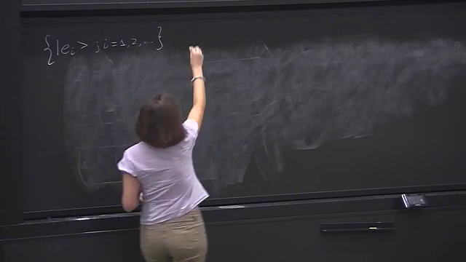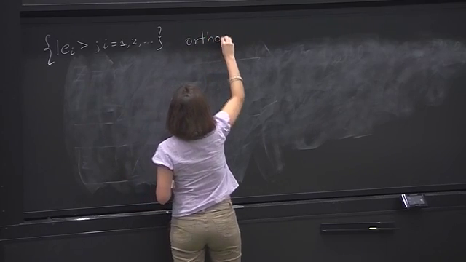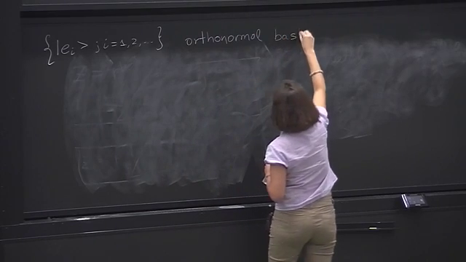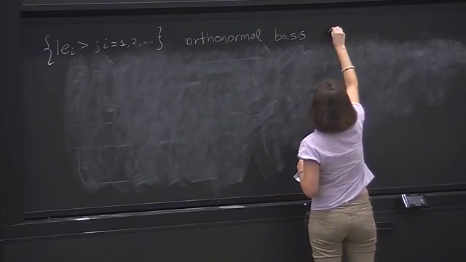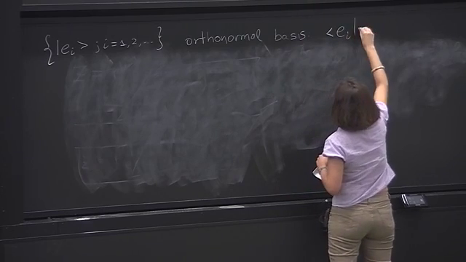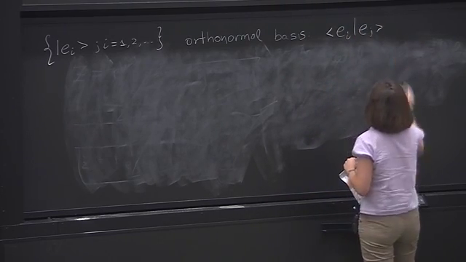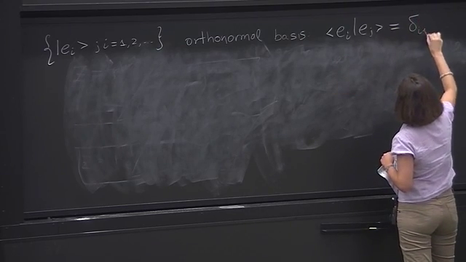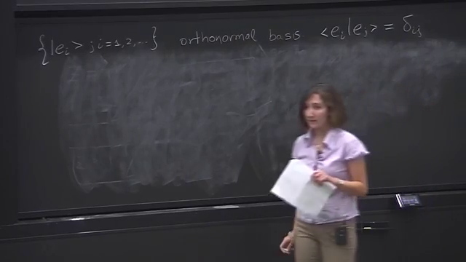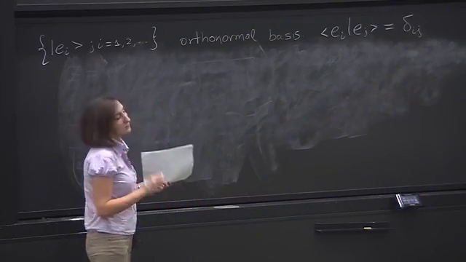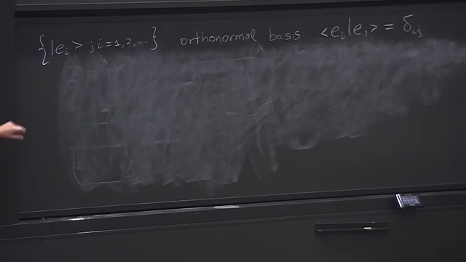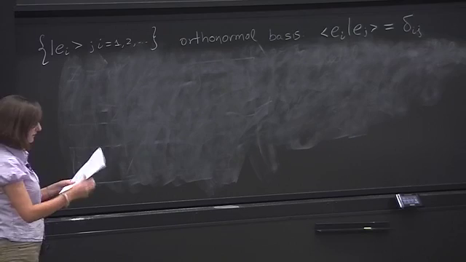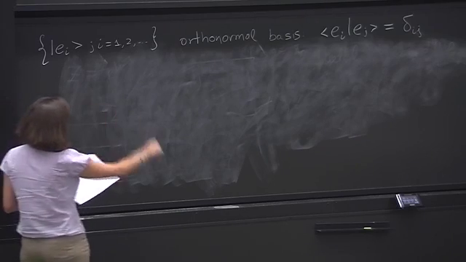This is an orthonormal basis if the scalar product between two vectors in this basis is equal to delta ij. So any two vectors which are not the same vector are orthogonal to each other, and the vectors are normalized to 1.